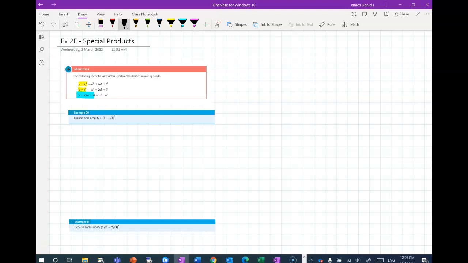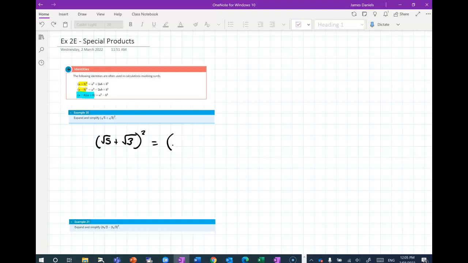So in example 20, we have the square root of 5 plus the square root of 3 all squared. This just means we have the square root of 5 plus the square root of 3 multiplied by the square root of 5 plus the square root of 3.